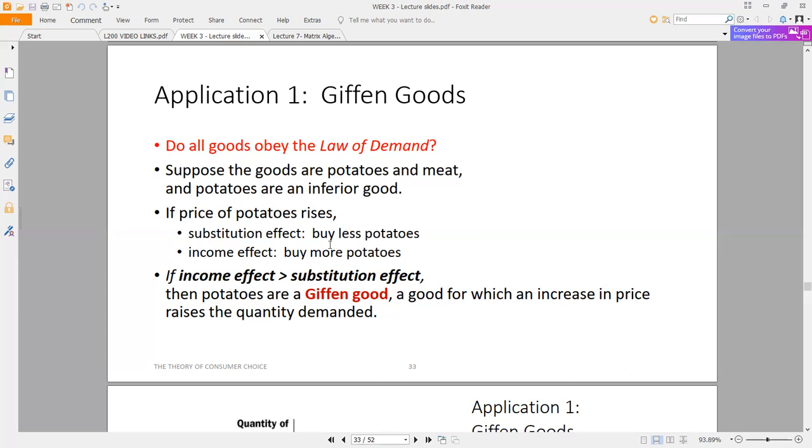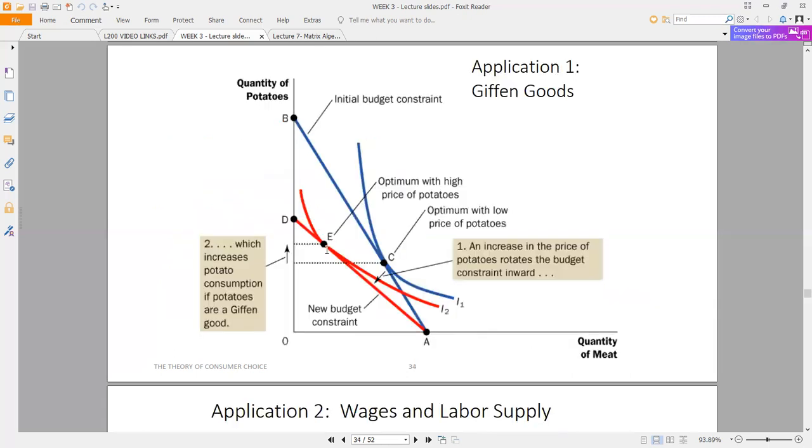Whenever the income effect is greater than the substitution effect, when price increases, quantity demanded will also increase, which will violate the law of demand. This is the case of a special form of inferior goods called giffen goods. For giffen goods, we rather buy more when prices increase. So this type of good violates the law of demand.